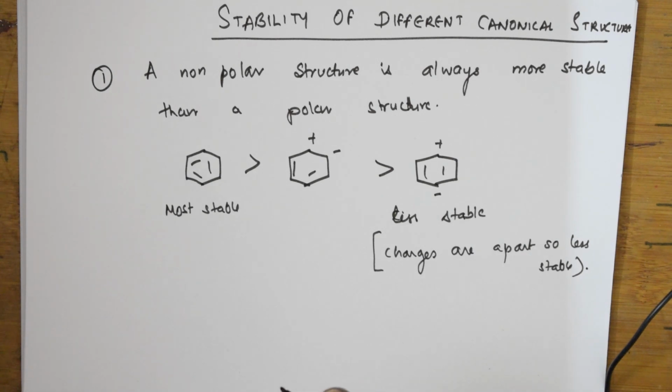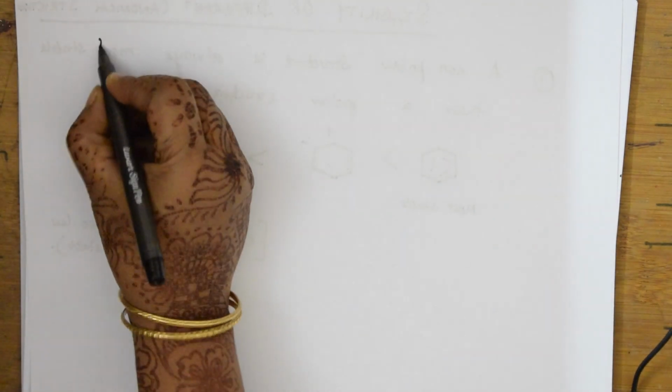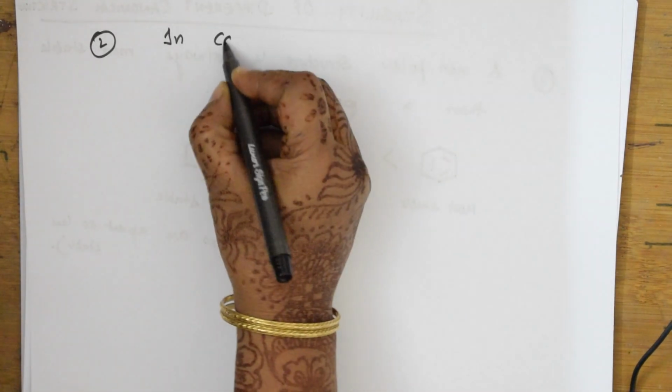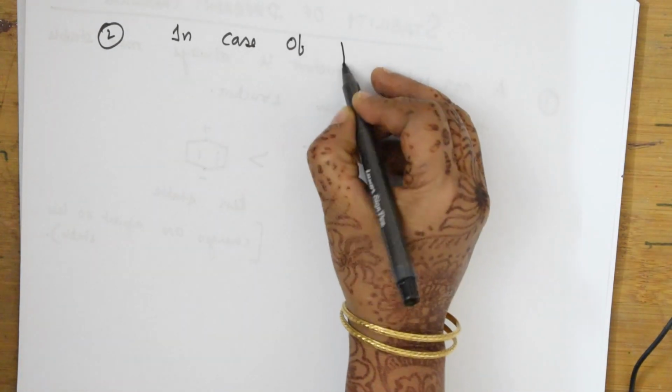Suppose next thing, if I speak in terms of polar structures, okay, let us see the next stability concept. I'm taking only in terms of polar structures.